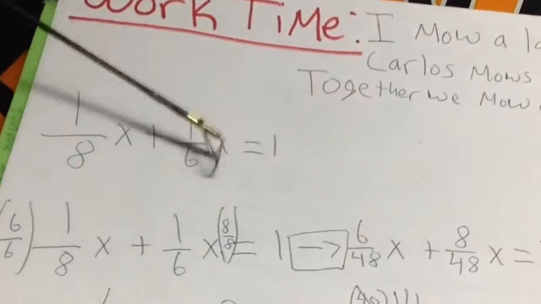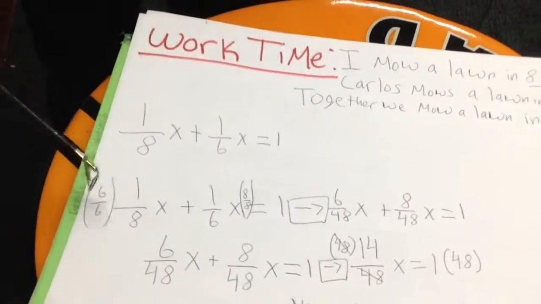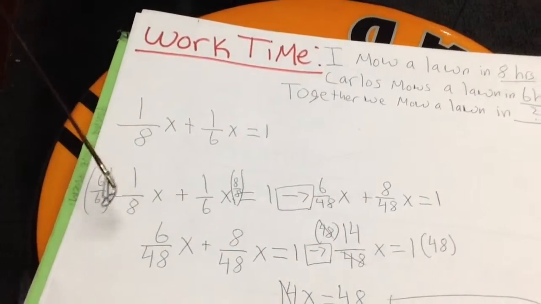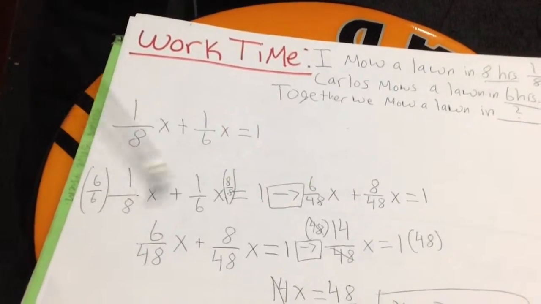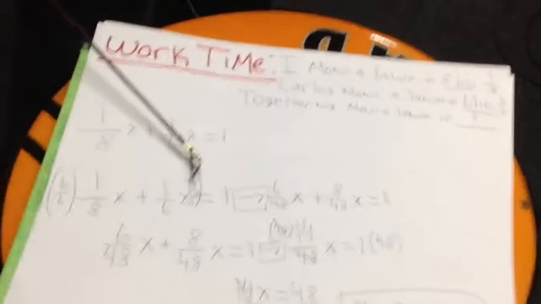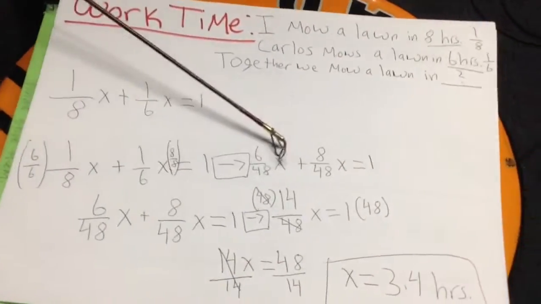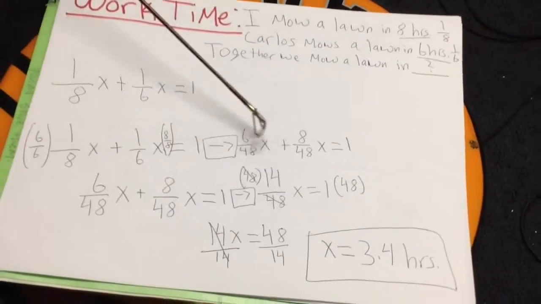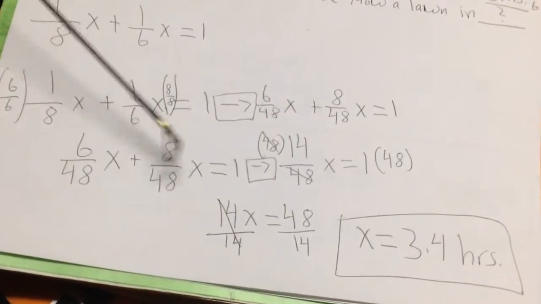After I got the equation, I have to find the least common denominator for these two numbers. So I multiply this side by 6 and this side by 8. After I multiply those, I got 48 as my least common denominator. And I moved the equation down here.